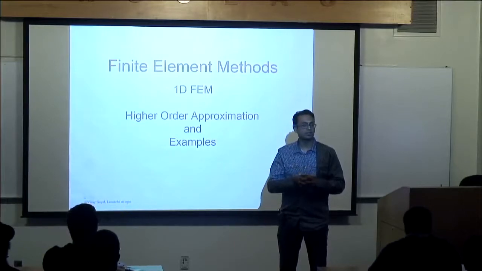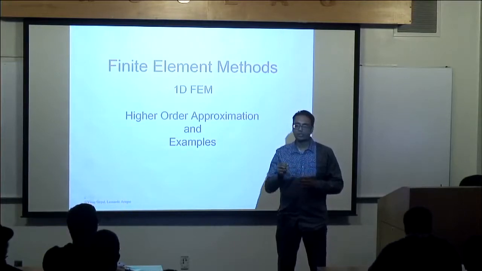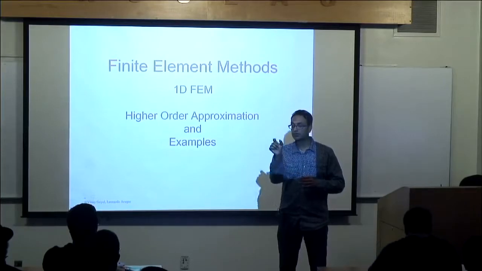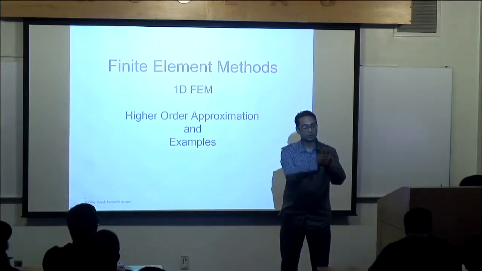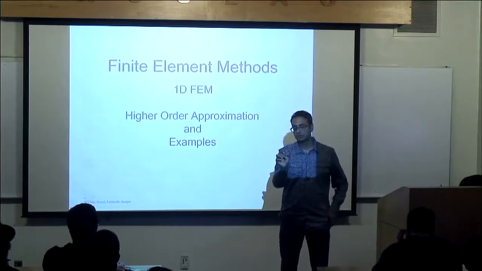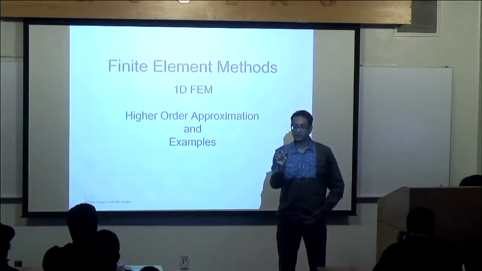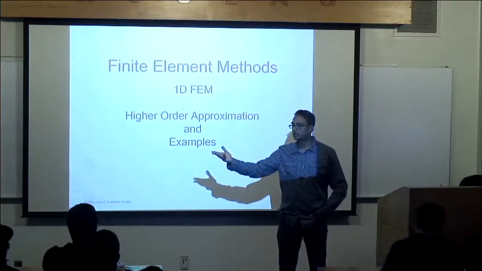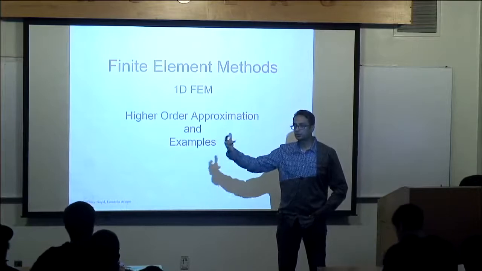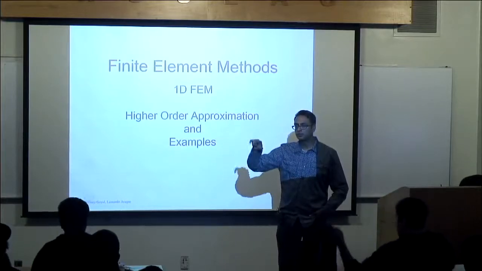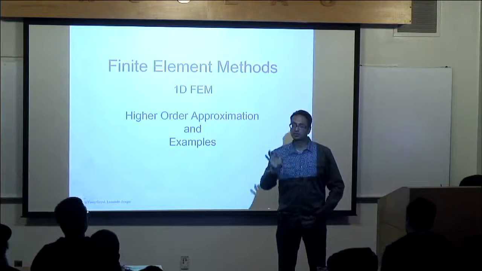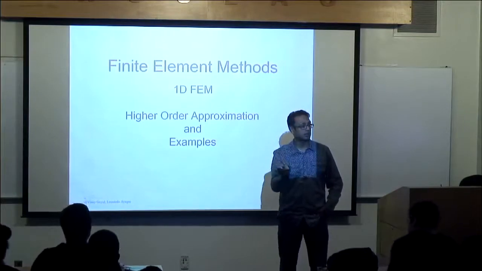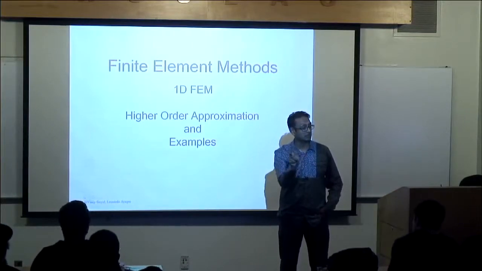What we did in the previous lecture was approximate the behavior over an element, instead of the whole domain. We found that these unknown coefficients, which had no meaning, can, with weak formulation and Rayleigh-Ritz, be reformulated so that the unknown coefficients are now the unknown quantities at the nodes.